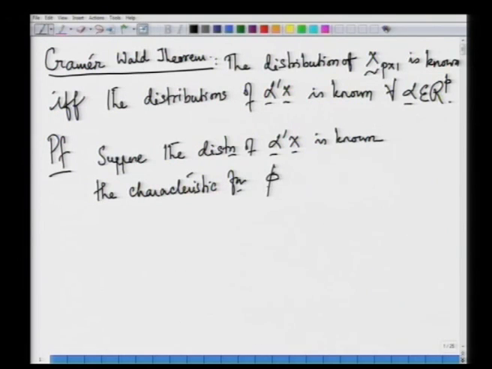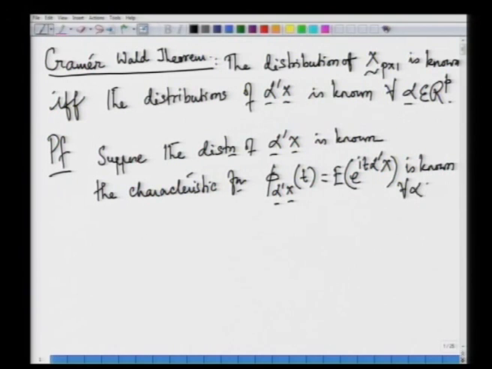So, we are using the notation phi of alpha prime x at t. By definition, this is nothing but expectation of e power i t alpha prime x. Since we make a claim that the distribution of alpha prime x is known, the characteristic function has to be known for all alpha in R p. Note that these alphas are also vectors.